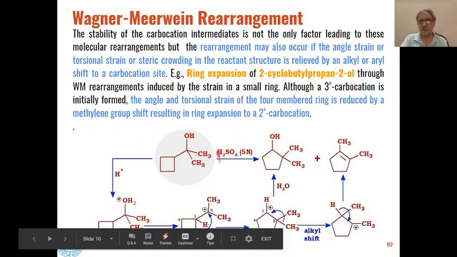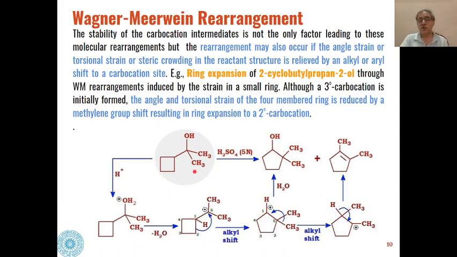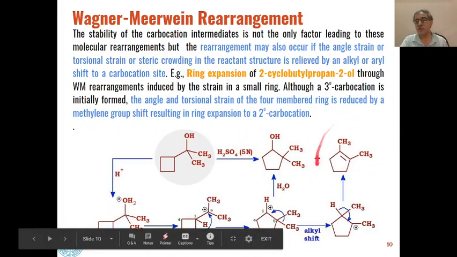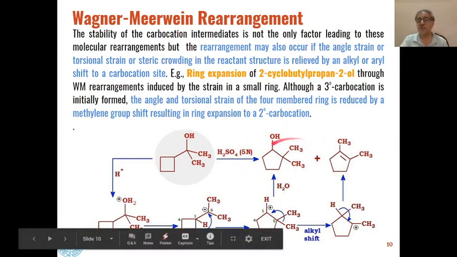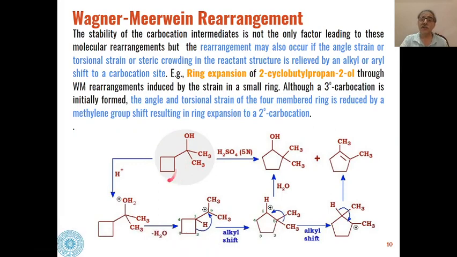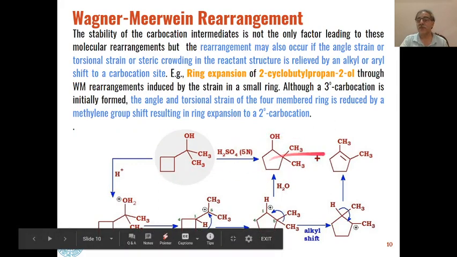So this is the structure, 2-cyclobutyl propan-2-ol. When this is reacted with sulfuric acid, 5 normal sulfuric acid, then different types of products can be formed. One is this one and the other is this one, but in both products you can see that the 4-membered ring has changed into a 5-membered ring.